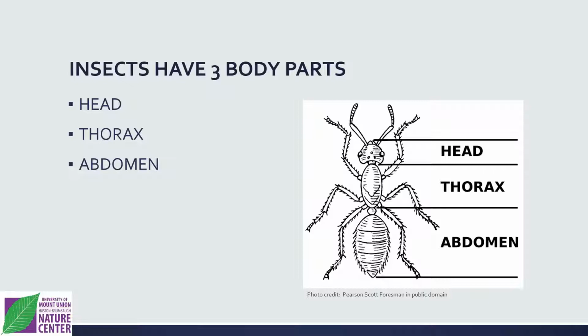The thorax, which is the middle segment of the body, is where the legs are attached and where, if the insect has wings, those wings will be attached. And finally, the largest and oftentimes most notable part of the insect's body is the abdomen. And this is where many of the organs of the insect reside.